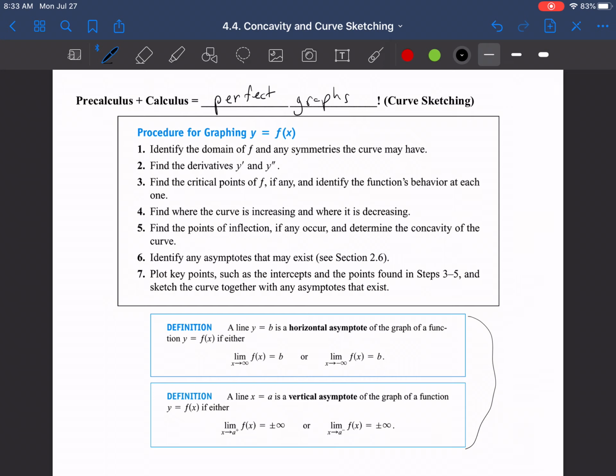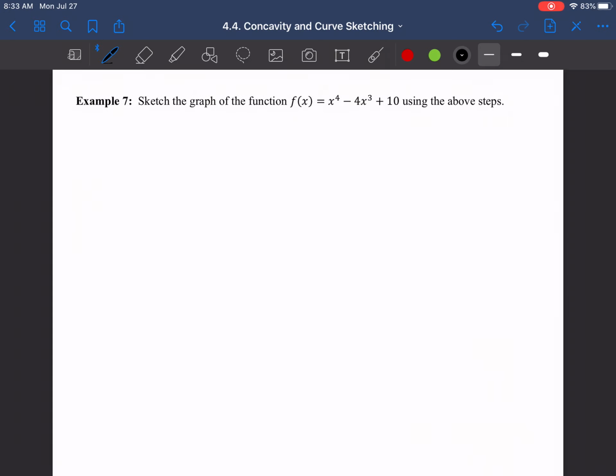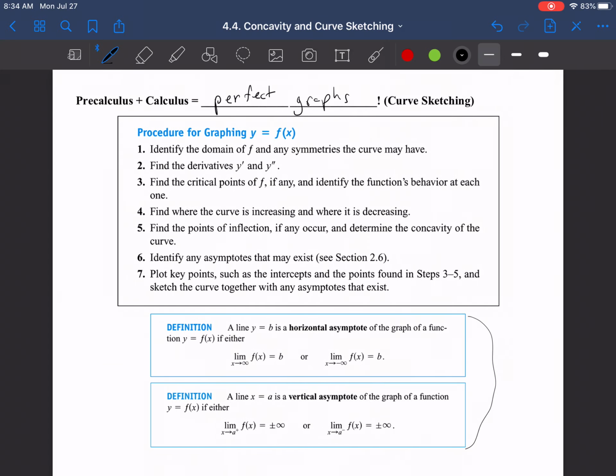So I'm going to go through and try this next one, and then we'll see how it goes. So sketch the graph of the function x to the fourth minus 4x cubed plus 10x using the above steps. So first thing we want to do is identify the domain and any symmetries the curve may have.